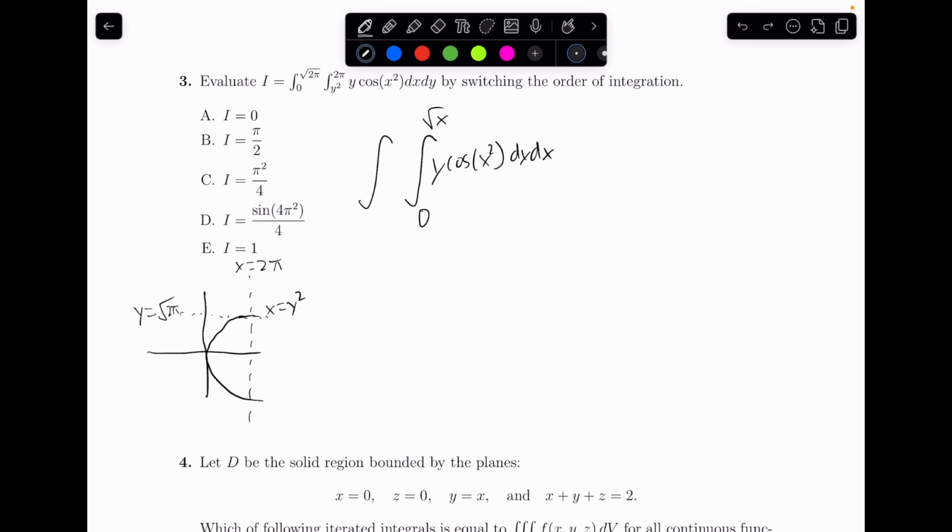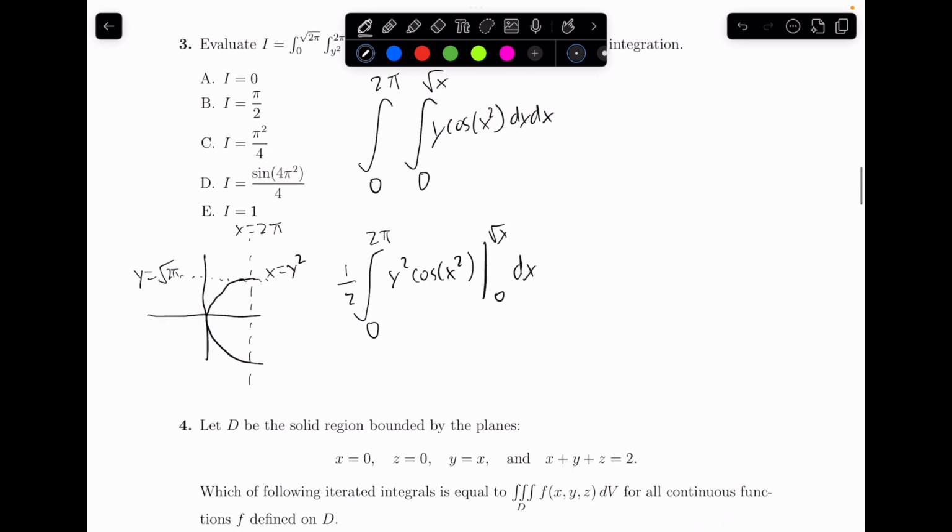X, we already have it kind of drawn out. X is 0 to 2 pi. All right, and let's go ahead and do this. So if we evaluate the integral, we're going to get y squared over 2. I'm going to factor out that 1/2 and just get y squared cosine x squared from square root x to 0. And that is, of course, dx.